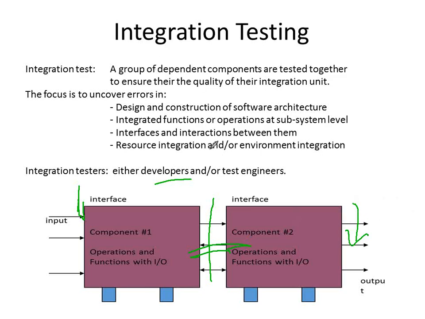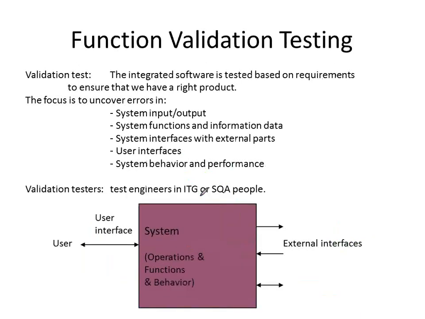This is the main thing that you're trying to test here: the connectivity between two units. This is your forte, functional validation. This is where the QA actually comes into action.